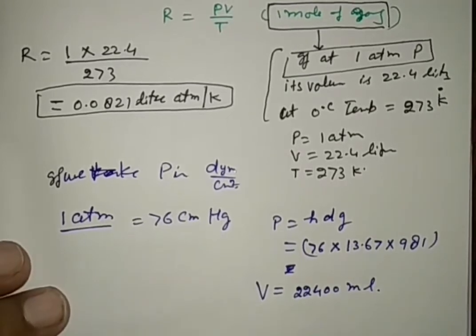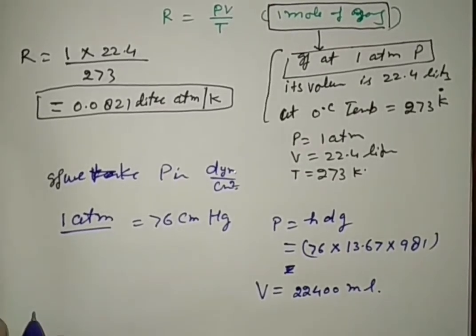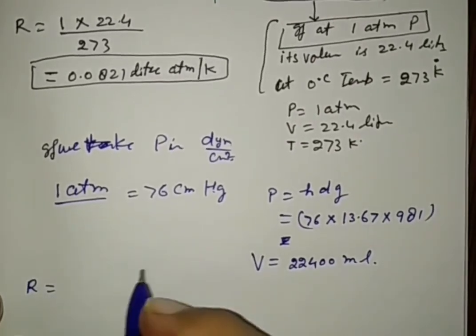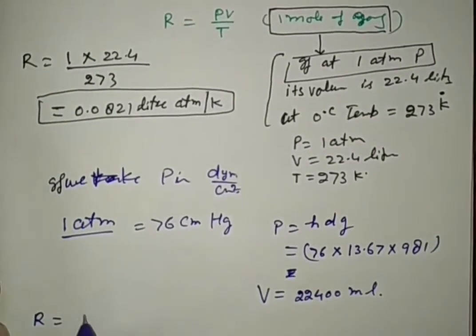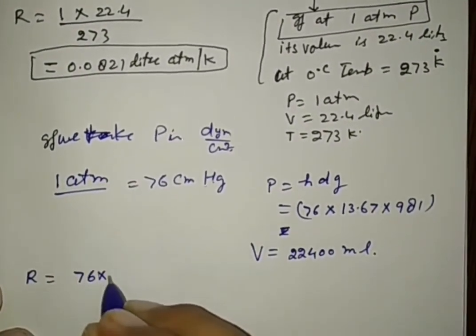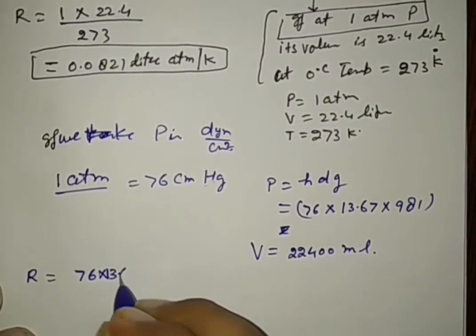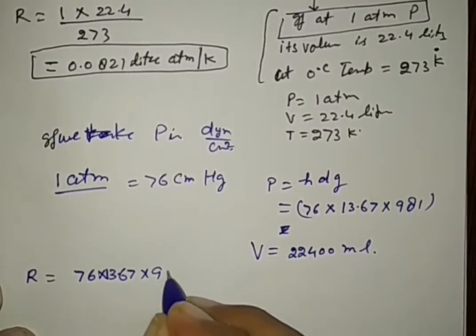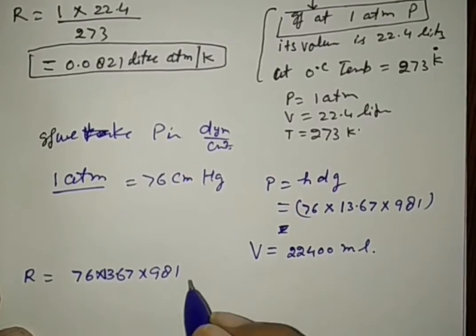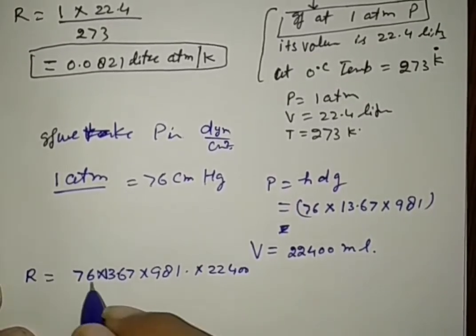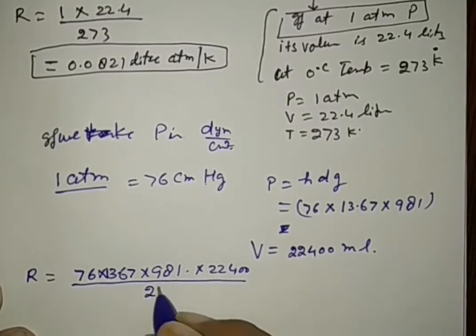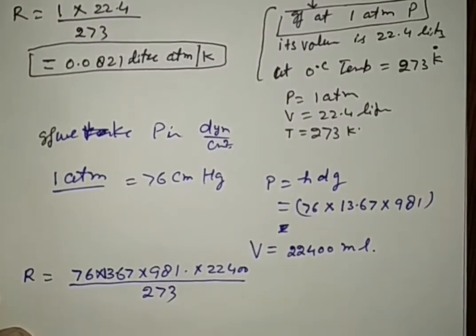So under this unit, the gas constant R can be written as: in place of pressure, 76 into 13.6 into g 981; volume 22,400; by temperature 273.